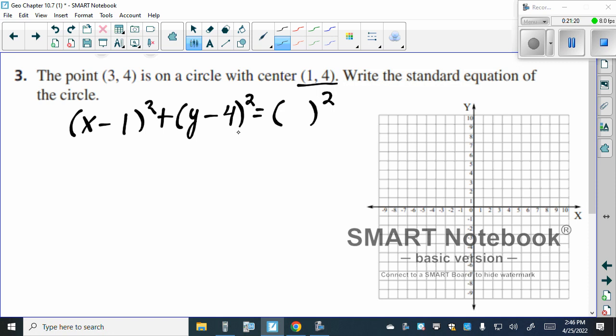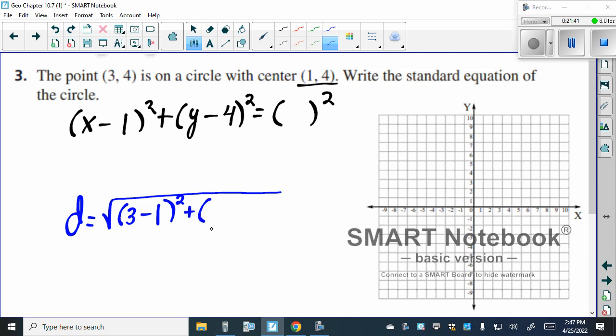Do we know what the radius is? Now we can use the distance formula. Square root. So we would have our x values being subtracted and squared. So the two x values are 3 minus 1. We'll do the same thing with our y values, which is 4 and 4. That's kind of nice.